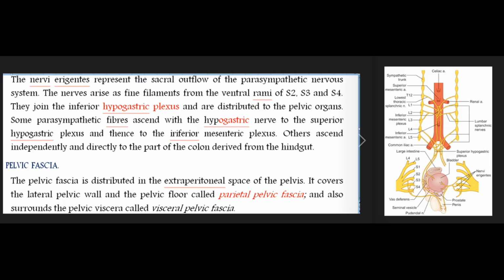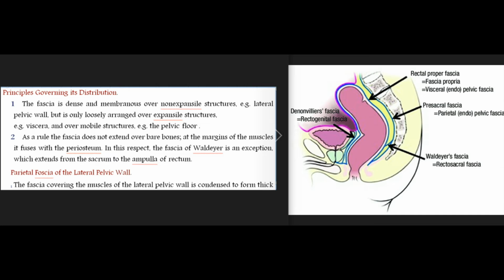Pelvic fascia. The pelvic fascia is distributed in the extraperitoneal space of the pelvis. It covers the lateral pelvic wall and the pelvic floor, called parietal pelvic fascia, and also surrounds the pelvic viscera, called visceral pelvic fascia. Principles governing its distribution: 1.